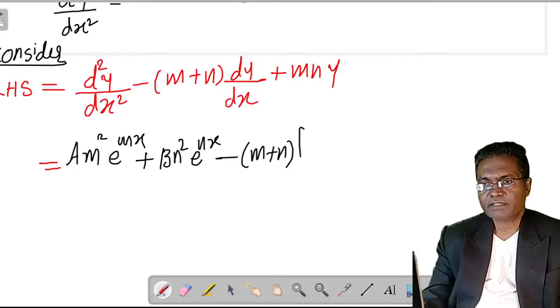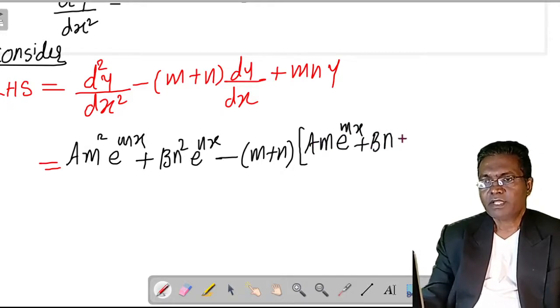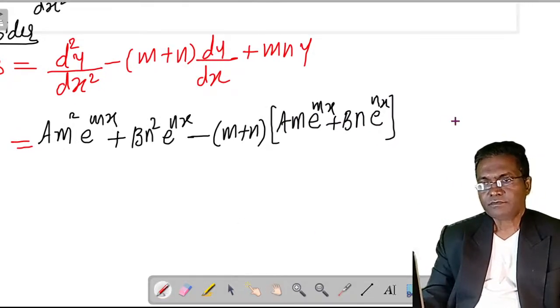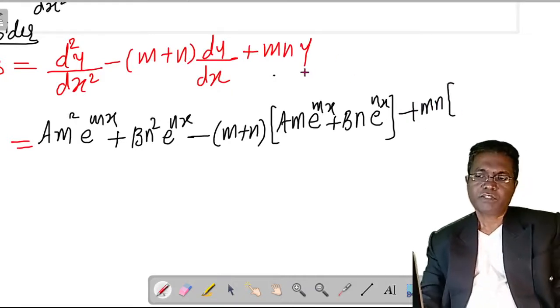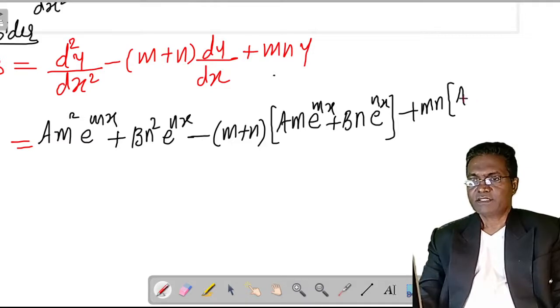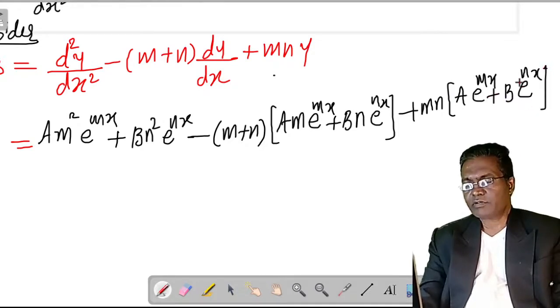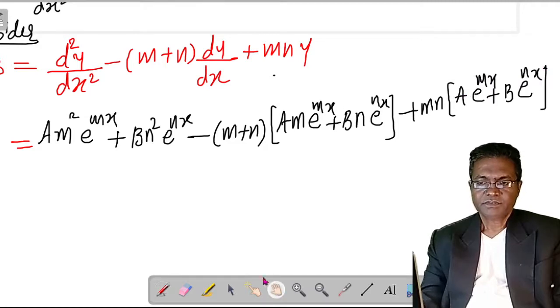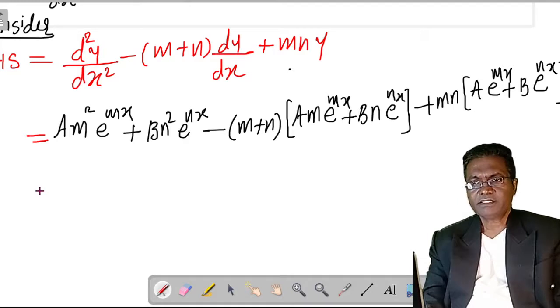The value of dy by dx is a m e power mx plus b n e power nx, plus mn into what is y. y is a e power mx plus b e power nx. Just slow down the video and go back and think, and then write. After that, just simplify.